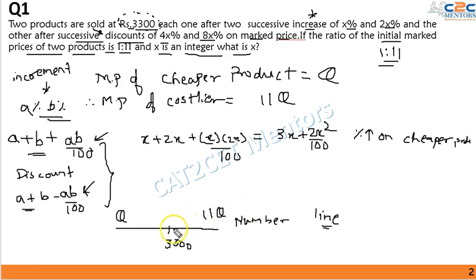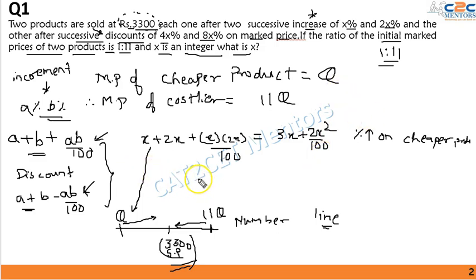Both of them have the same selling price. So to increase the value from Q to 3300, we will use the formula for the percentage increase. That's why we have taken the increase on the cheaper product, and the discount will reduce the price of 11Q to the selling price, and the increment will increase the price from Q to 3300, and at the end both of them will have the same selling price. I hope that you are clear why I have taken the percentage increase on the cheaper product.